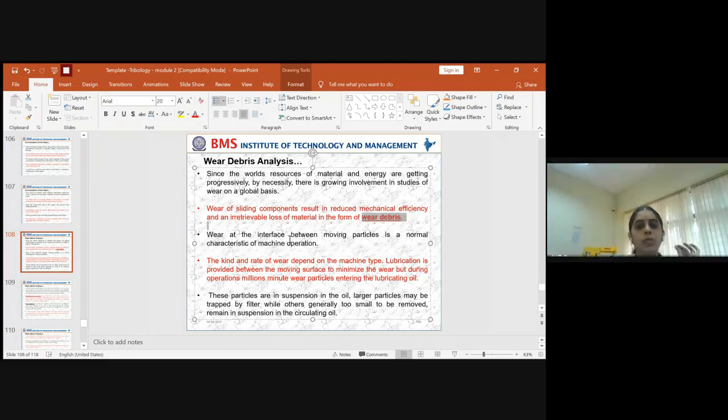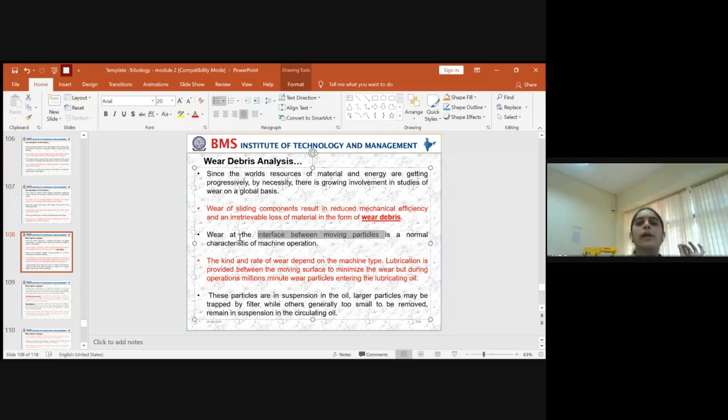And you know that wear usually occurs across the interface between two moving components, right? It could be related to any mechanical components which are operated.